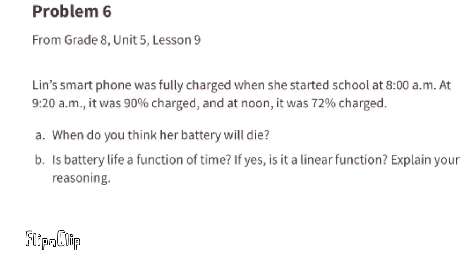Problem number 6 from 8th grade, Unit 5, Lesson 9. Lynn's smartphone was fully charged when she started school at 8 a.m. At 9:20 a.m. it was 90% charged, and at noon it was 72% charged. A. When do you think her battery will die?